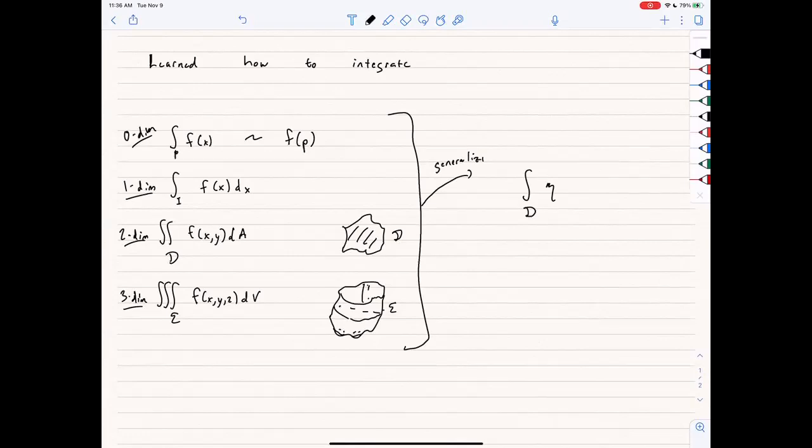Once you start integrating over 10 dimensions, you don't want to write 10 integrals, right? So what mathematicians generally do is, instead of writing that, we'll just write 1 integral. So we want to generalize 2 things. We want to generalize the domain that we can integrate over, and we want to generalize the integrand.